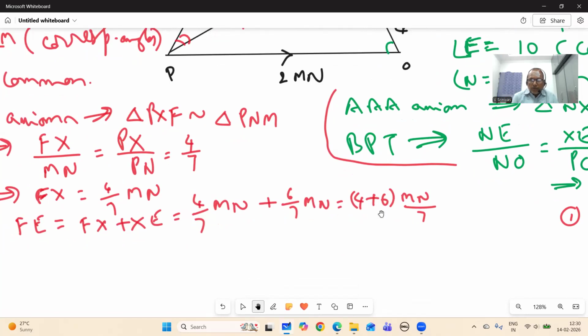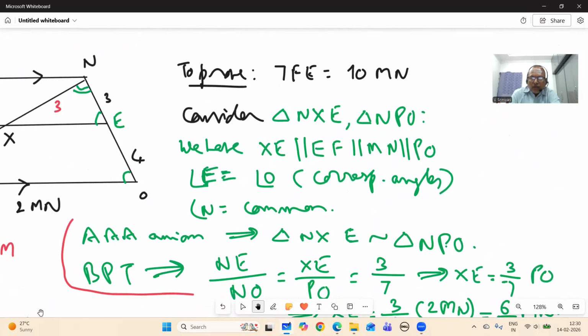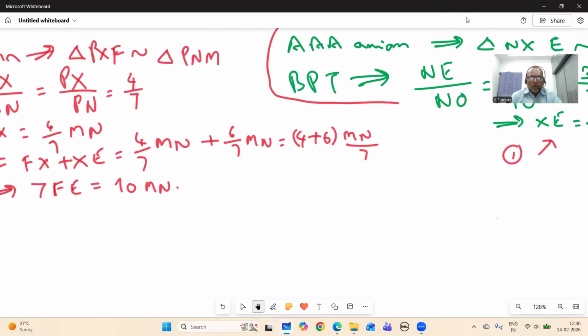You get 7 times FE is equal to 4 plus 6, 10 times MN. That's what we are looking for. We are checking whether 7 FE is 10 times MN, and yes, we got that.